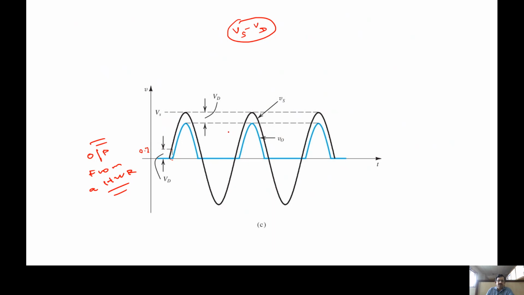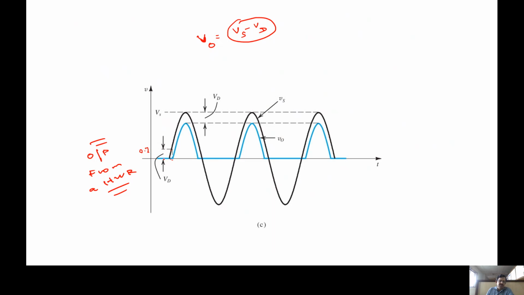This is the output. But you see here that this is the peak output across the resistance, because there is a drop of 0.7 volt. That is what we will get.